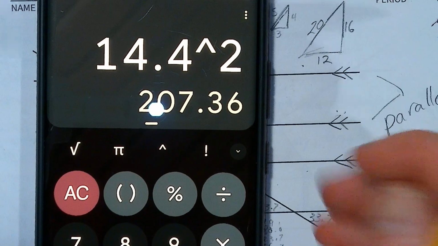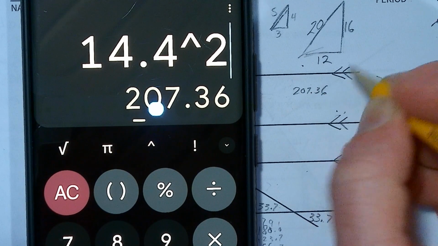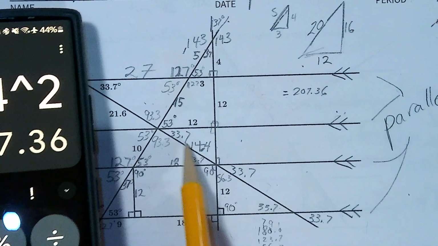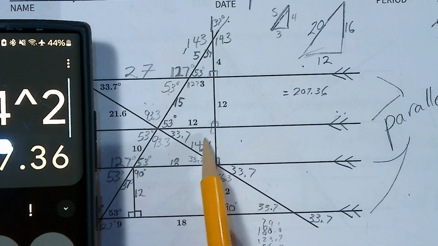207.36. That's the hypotenuse of this right triangle. There's the right angle, there's the hypotenuse.